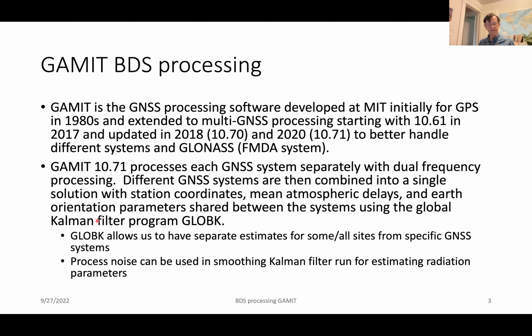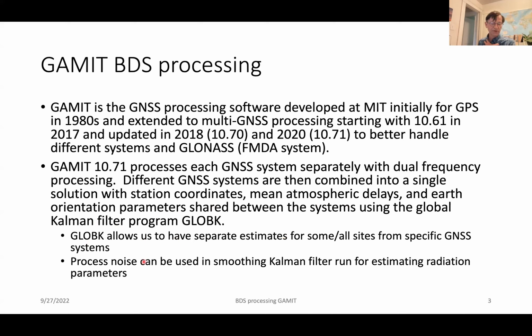GLOBK allows us a fair amount of flexibility. The nominal solution would have the station coordinates be the same between all systems. But for test experiments, we can also allow different station coordinates for individual stations for different types of constellations. Certainly our work with the Galileo system has suggested there are some systematic differences in coordinates, probably due to our not-complete phase center model, which I'll come back to later on.